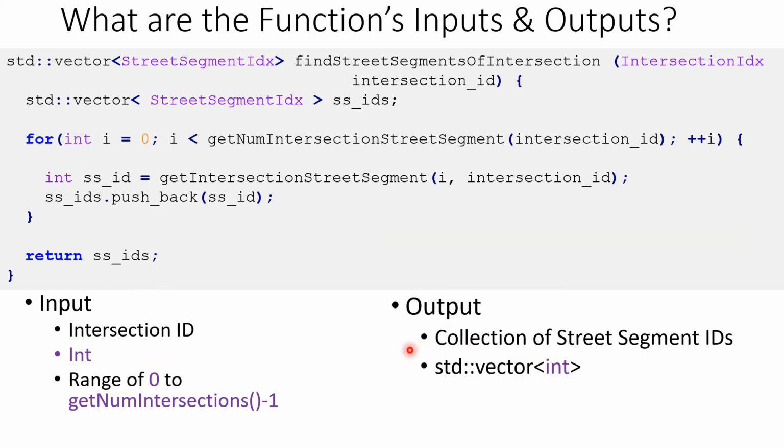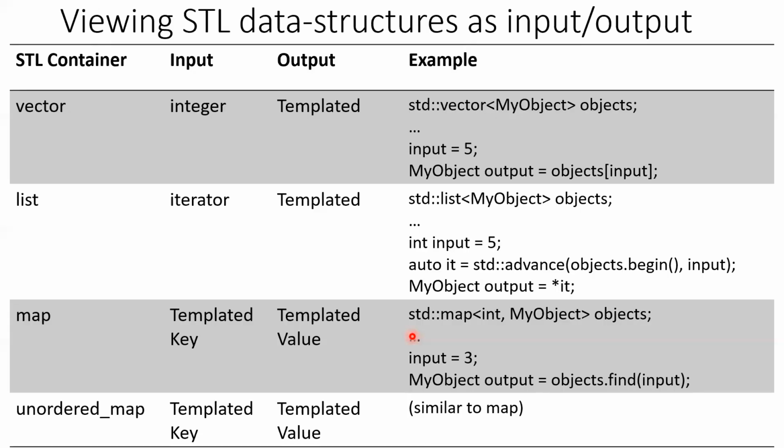If we want to store them, we will want something that can take in the same input and give the same output. Let's take a look at the STL data structures that we have. A vector will take in an integer as input, and the integer needs to range from 0 to a certain number, where that number is the size of the vector. The output can be templated, meaning that the output can be anything.